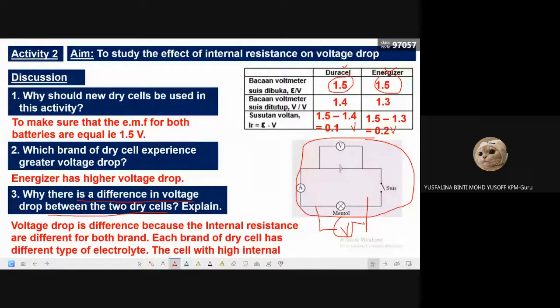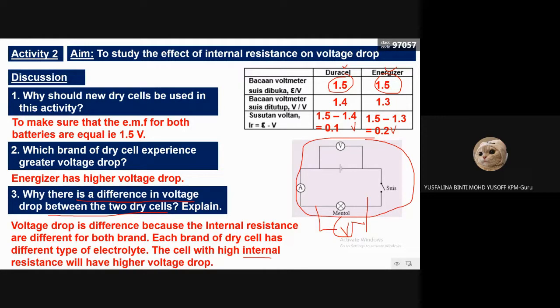Okay, so the voltage drop is different because the internal resistance is different for both brands. Each brand of dry cell has a different type of electrolyte. The cell with high internal resistance will have the higher voltage drop. So internal resistance is caused by the moving charge in the electrolyte. You learned anode and cathode in chemistry, right?